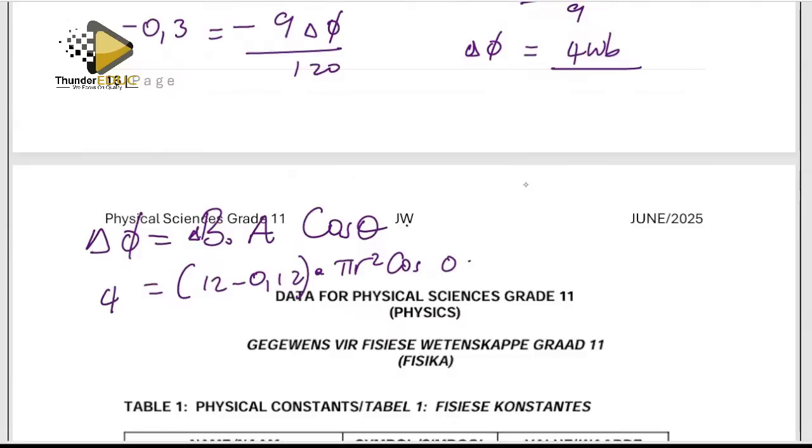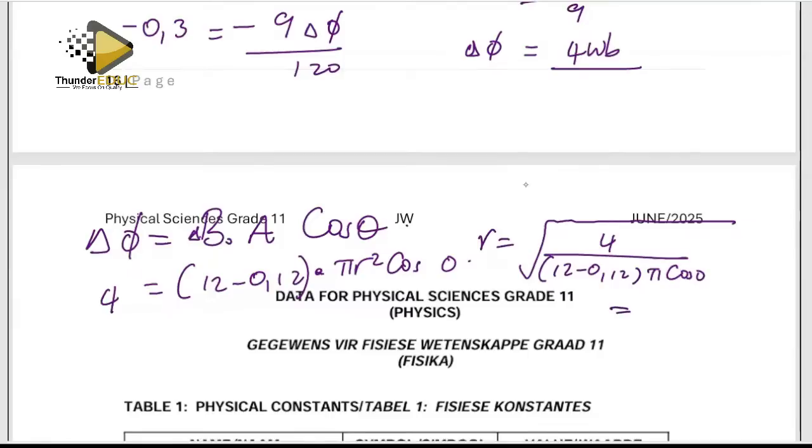And then just do the division, so that our R will be the square root of 4 over 12 minus 0.12 pi. I think that is that because the cos of 0 is just a 1. So when I punch that, I should be able to get 0.33 meters.